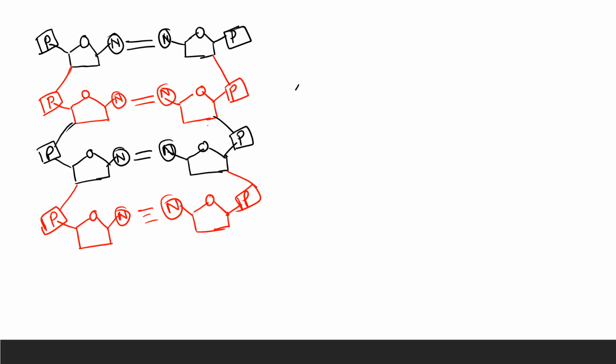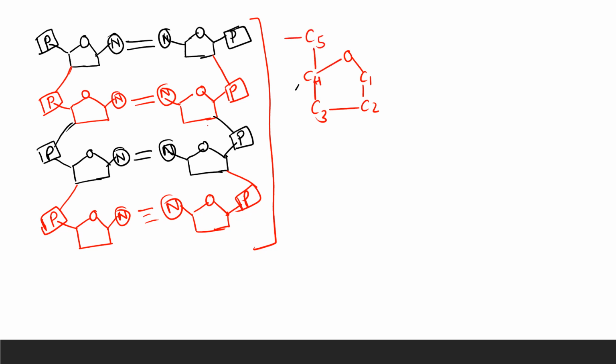Now let's open this structure a little bit. I'm drawing it. C1, C2, C3, C4, and then C5, and then we have phosphate, and then we have nitrogenous base.